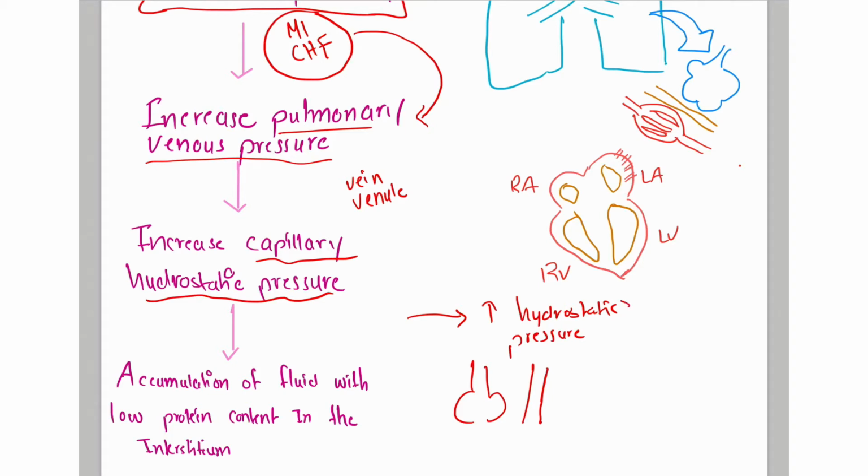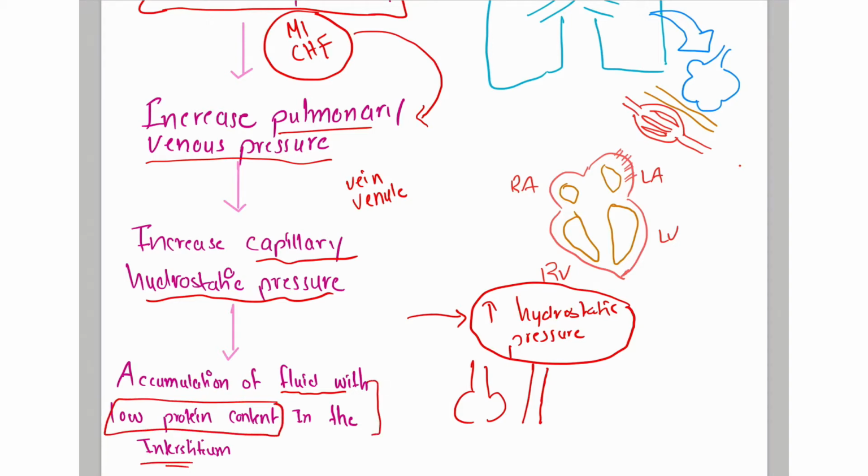Mostly affects the capillary hydrostatic pressure. This increase will result in accumulation of fluid with low protein contents in the interstitium. هذا الفلويد شو نسميه اللي يحتوي على بروتين قليل؟ نسميه ترانسوديتس اللي هو عكس الإكزوديتس اللي يحتوي هاي بروتين كونتنت.